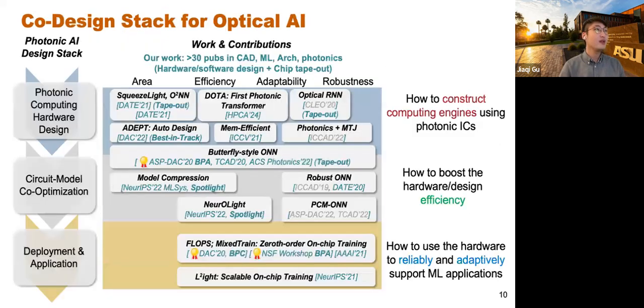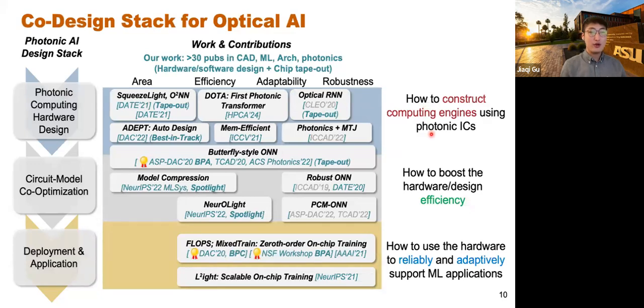And the key to solve those issues basically is the hardware-software co-design plus the design automation. So our contribution in this field already covers a whole stack for photonic computing, from the hardware development, right? How to construct the efficient computing engine using photonic circuits, and also how to boost the efficiency, robustness, and scalability through circuit-model co-optimization.